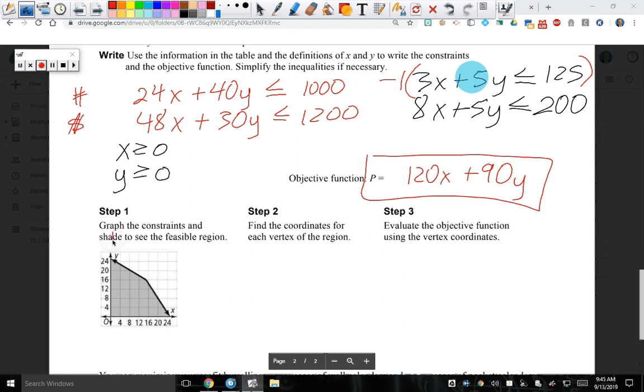X is greater than or equal to 0 is everything to the right of that line, my bad. Y is greater than or equal to 0 is everything that's above this horizontal line. And these two lines will come from those two equations.